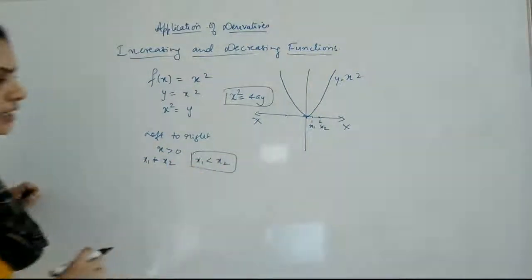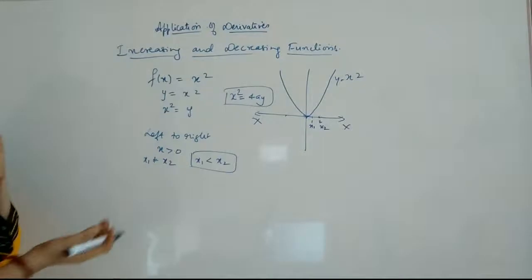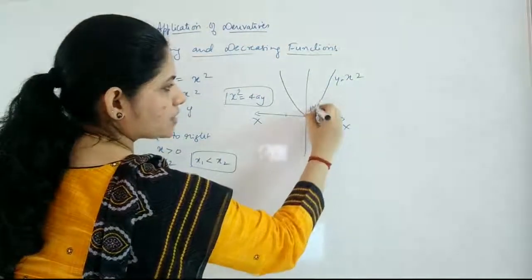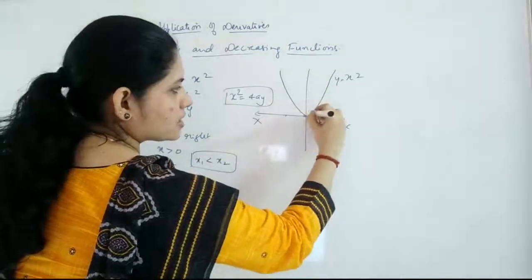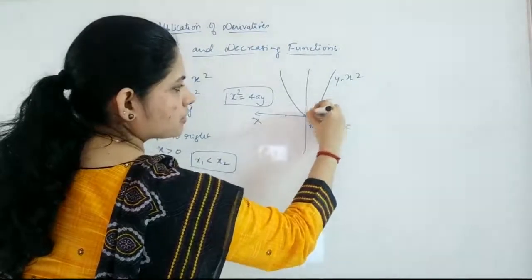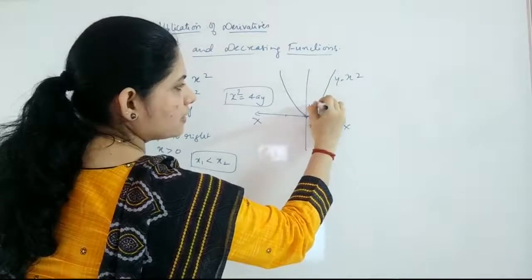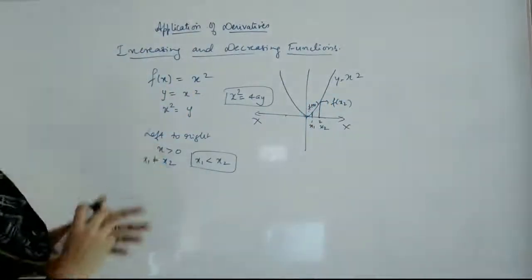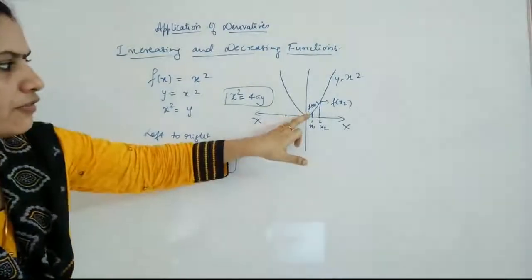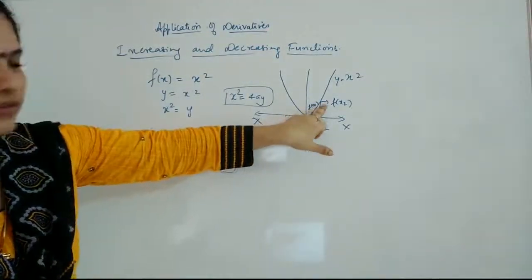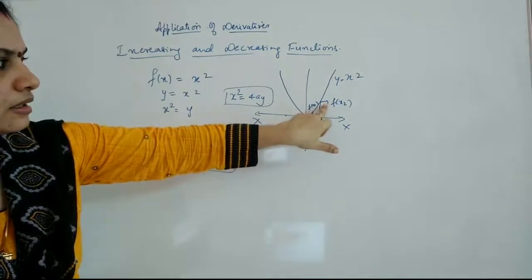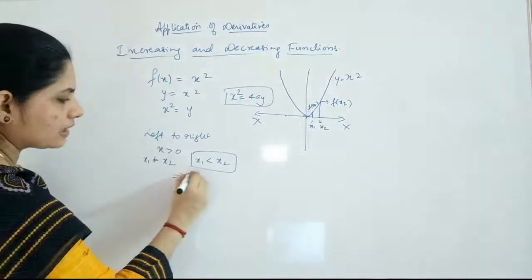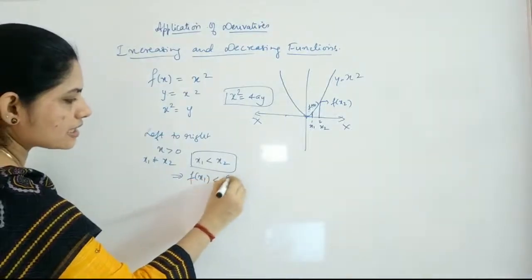So with the condition that x1 is less than x2, if I am going for the function value, this is your f of x1, this point, and this point is your f of x2. So what about the value? The value of f of x1 is less than the value at this point, right? So when x1 is less than x2, I am getting that f of x1 is also less than f of x2.